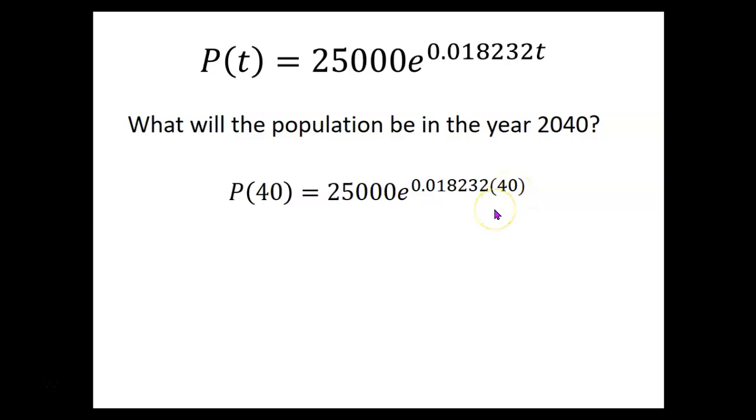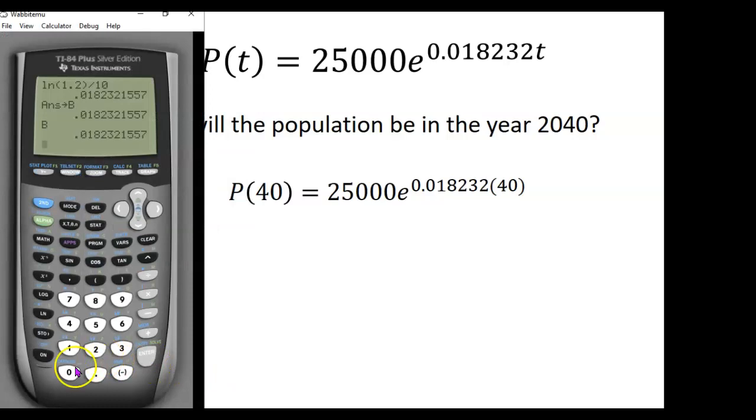Here's how I would evaluate that on the calculator. Hey calculator, tell me 25,000 times e to the, in parentheses, B, that number that I stored as B, that I could type in again, 0.01823215557, but I've already got it stored, so I can just ask the calculator for B times 40.